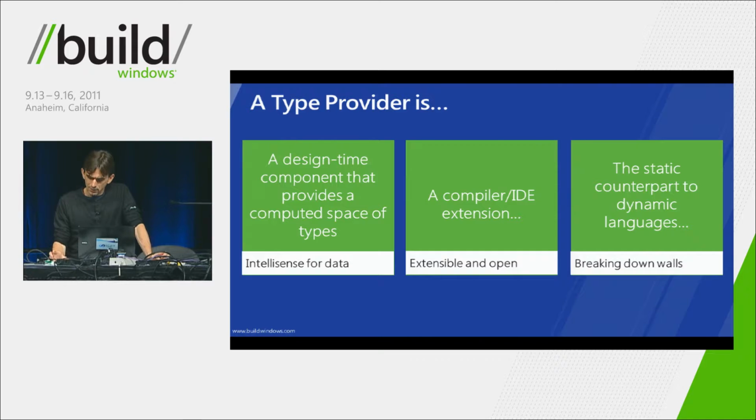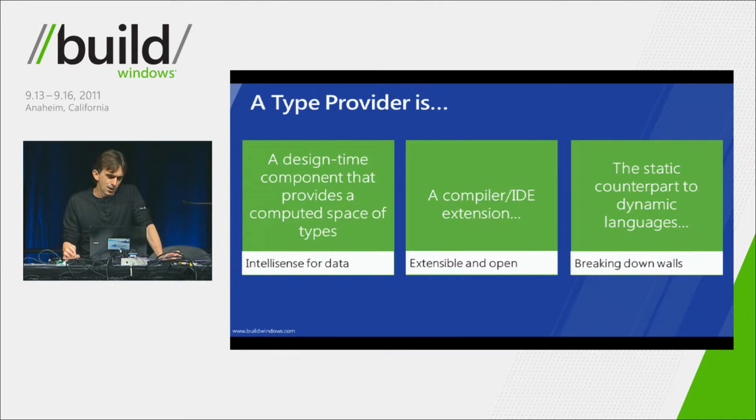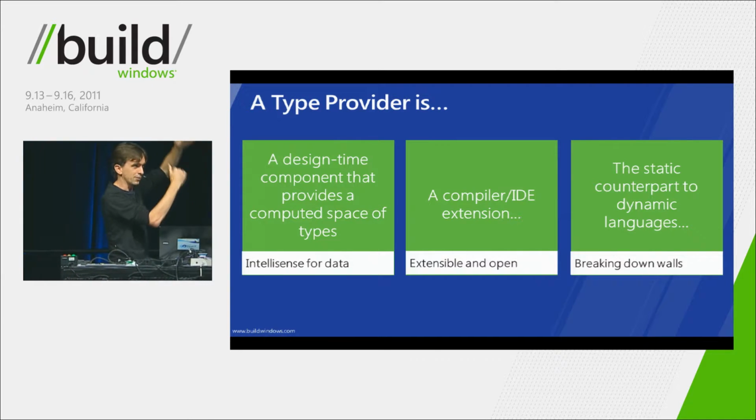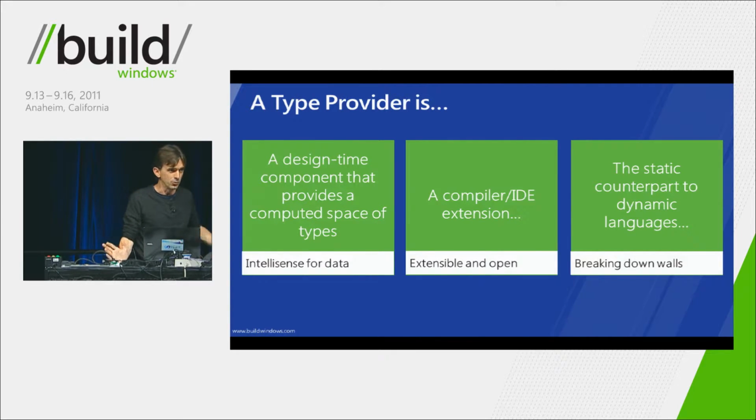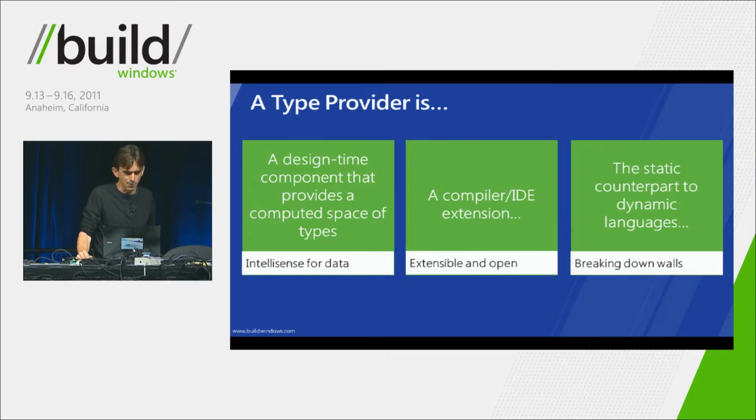And what we've done to F# is to add this type provider mechanism. A type provider is in many ways just a plug-in to the compiler, a plug-in to the type checker that's running in Visual Studio. So you're plugging in simultaneously to Visual Studio, into the F# Interactive window for evaluation, and into the F# compiler when you do normal project-based programming.